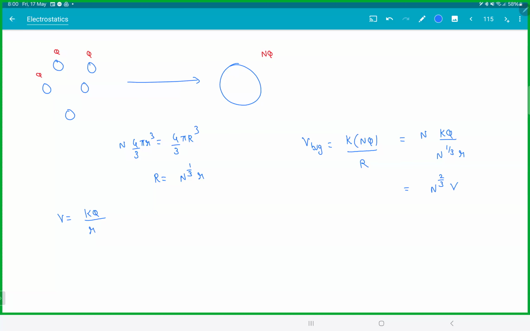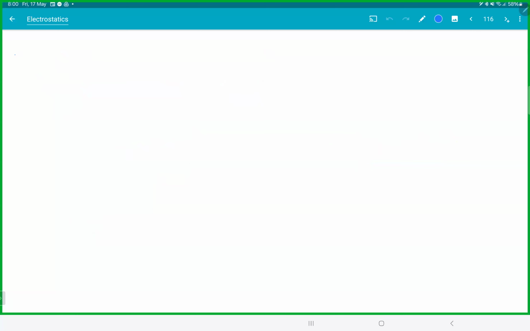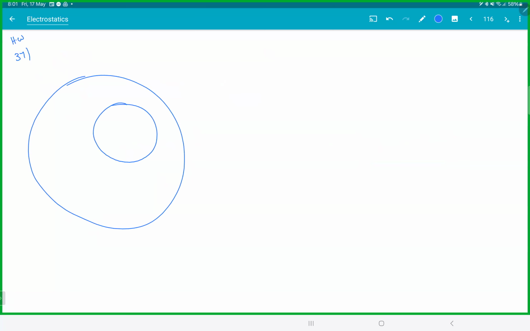Next one. Try this as homework. We'll be discussing this. This is again a standard result. So we have a solid sphere with a cavity. Rho is the volume charge density.